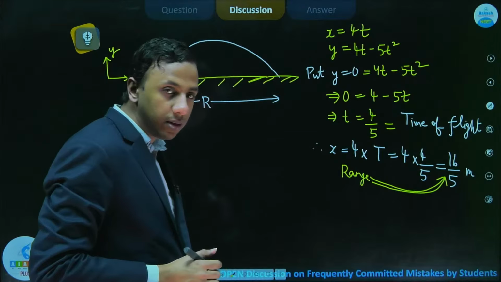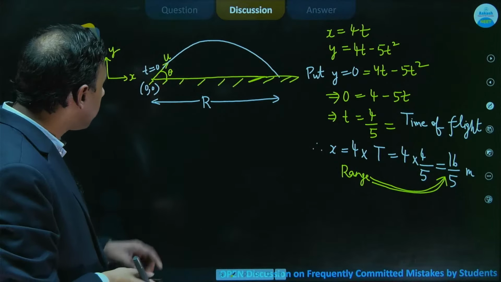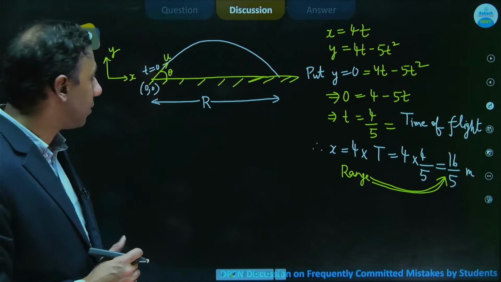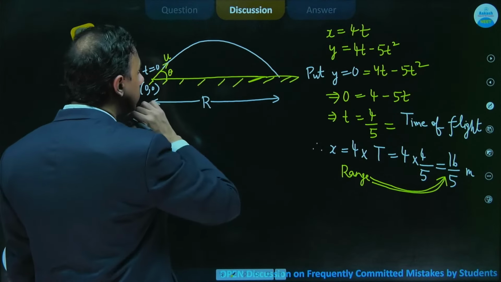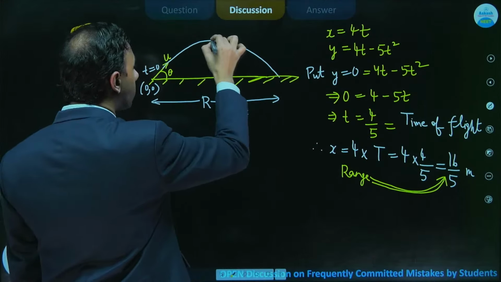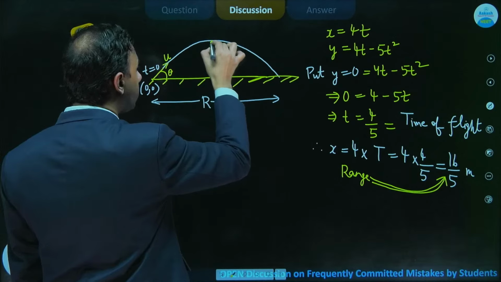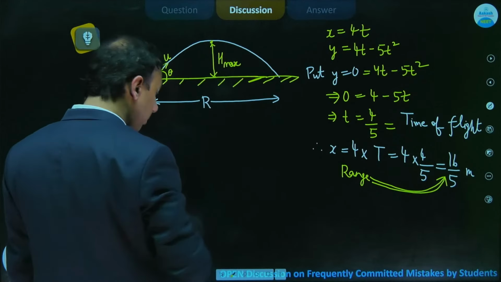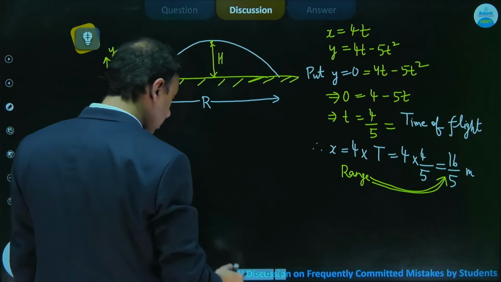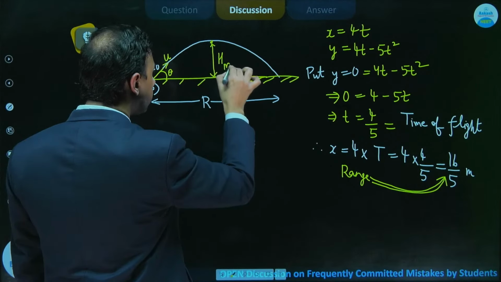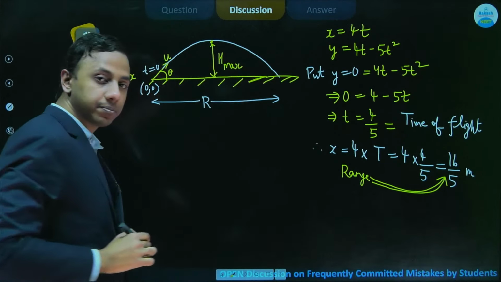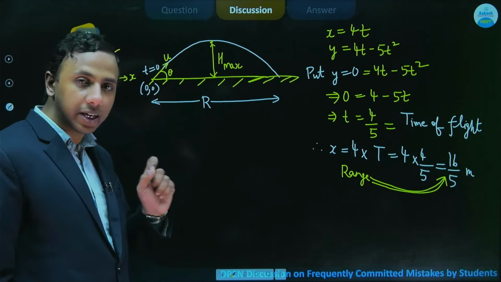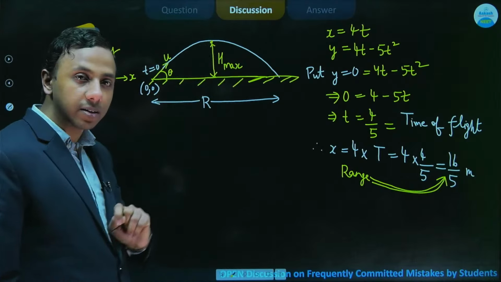Now something else I had asked, how to find the maximum height. Now see, where would you be getting that maximum height? Maximum height will be over here, which means this is your h max. Now how much time will it take to reach this maximum height?